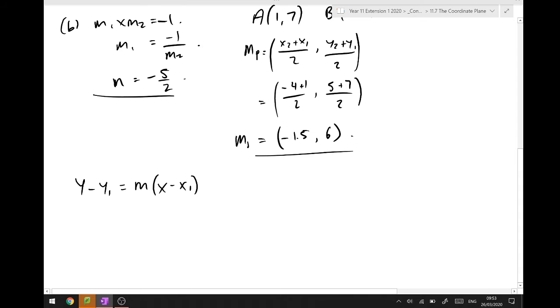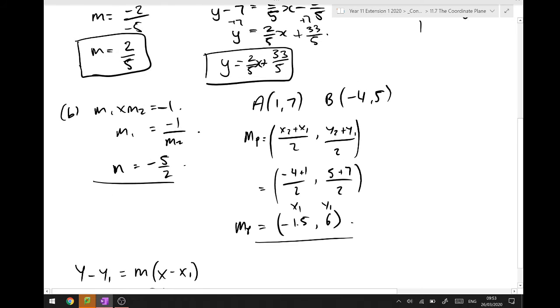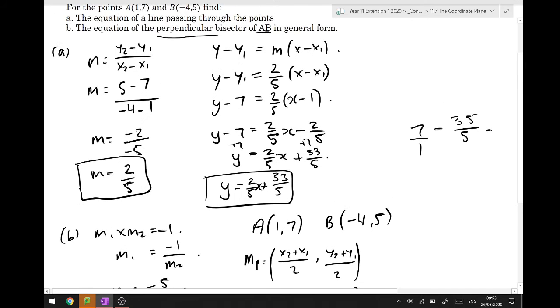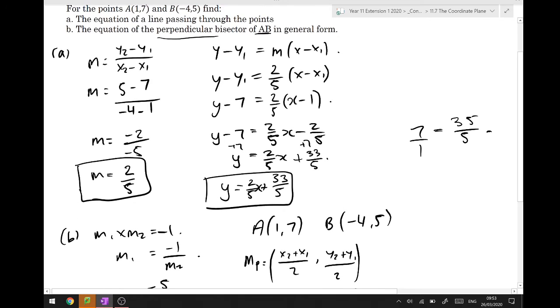So our midpoint is the point that we'll be using. So let's call that x1, let's call that y1. Let's substitute these values in. We get y minus 6 is equal to negative 5 on 2, lots of x minus negative 1.5, okay? So just like with our parallels and stuff, we're always doing the opposites on the inside.